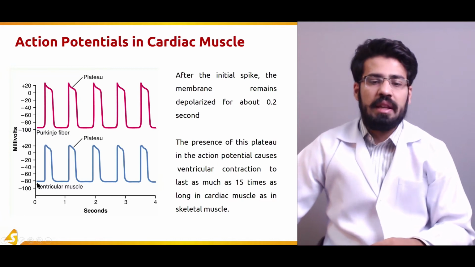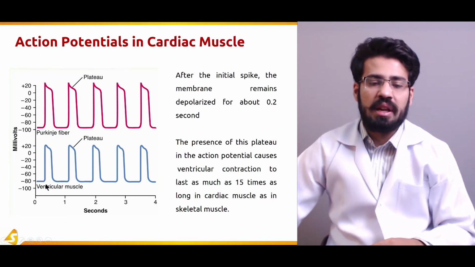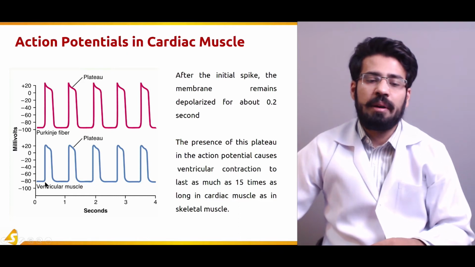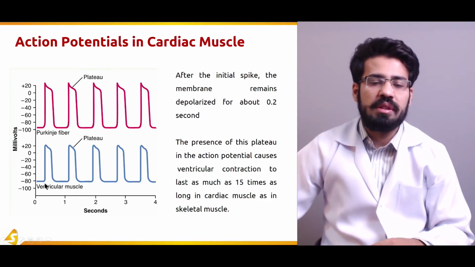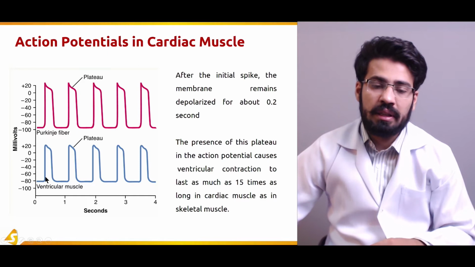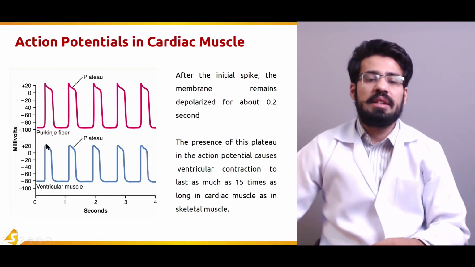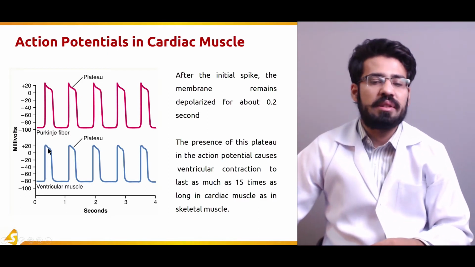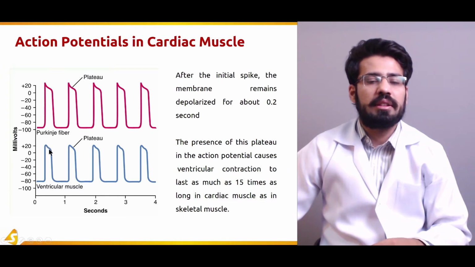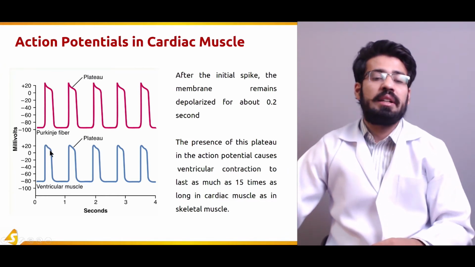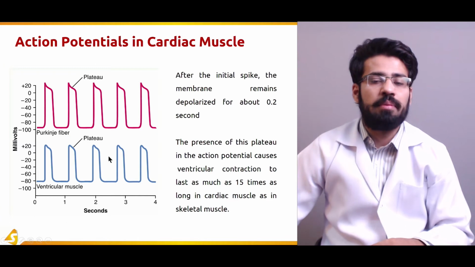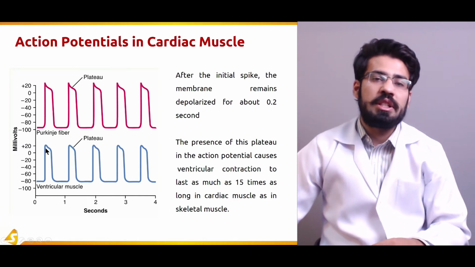Here you can see that the ventricular muscle action potential begins from around minus 85 millivolts, and it causes the immediate depolarization. This will be followed by a resting phase of about 0.2 seconds. This 0.2 second creates a phase known as the plateau phase.